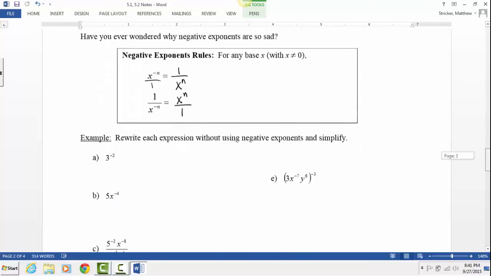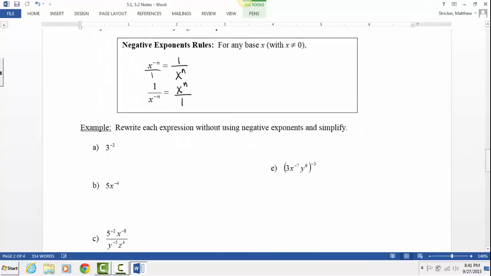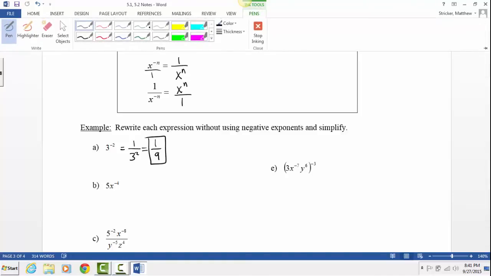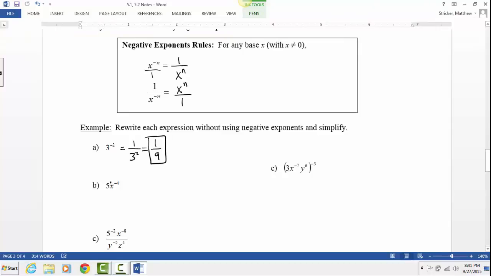So we have a few examples here where we want to change the exponent to a positive first and then simplify. So this first one, if I want to change it to positive 2, it's going to have to be 1 over 3 squared. 3 squared is 9, so this is 1 over 9. Now in the next one, the thing you have to be careful of is that this negative 4 is only attached to the x.